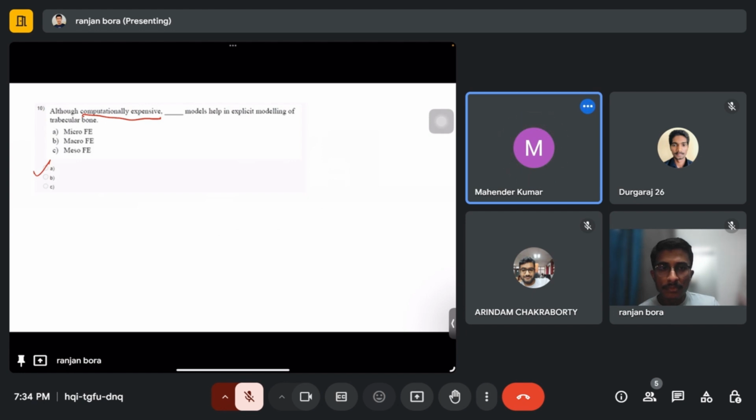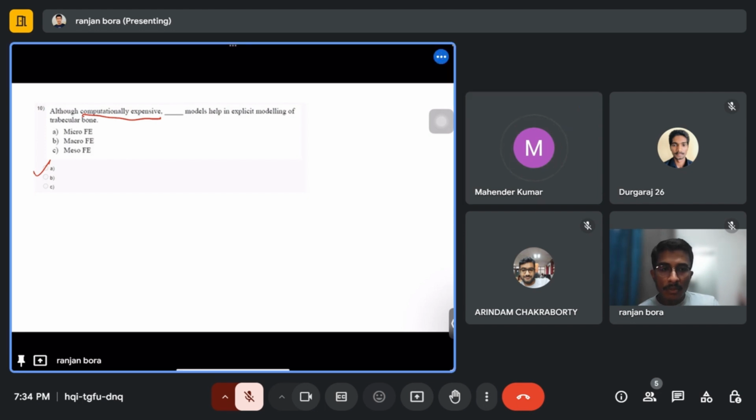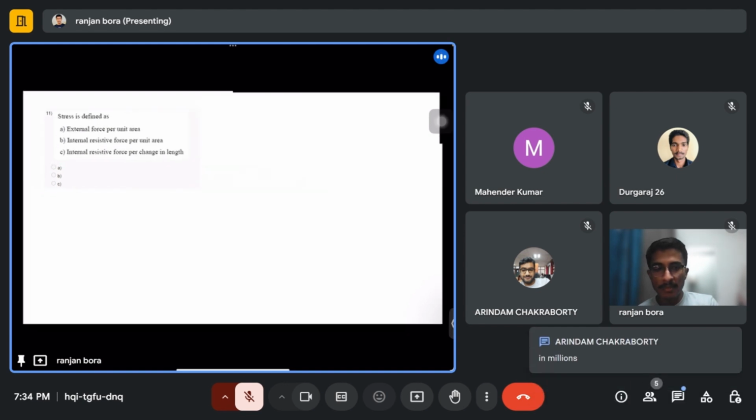It requires a machine, a laboratory needs a highly powerful machine. We need a very fine mesh and high element counts. Because of the fine meshing, the number of elements is very high, and that's why we need a very powerful computer. So it is computationally expensive. Yes, in millions.